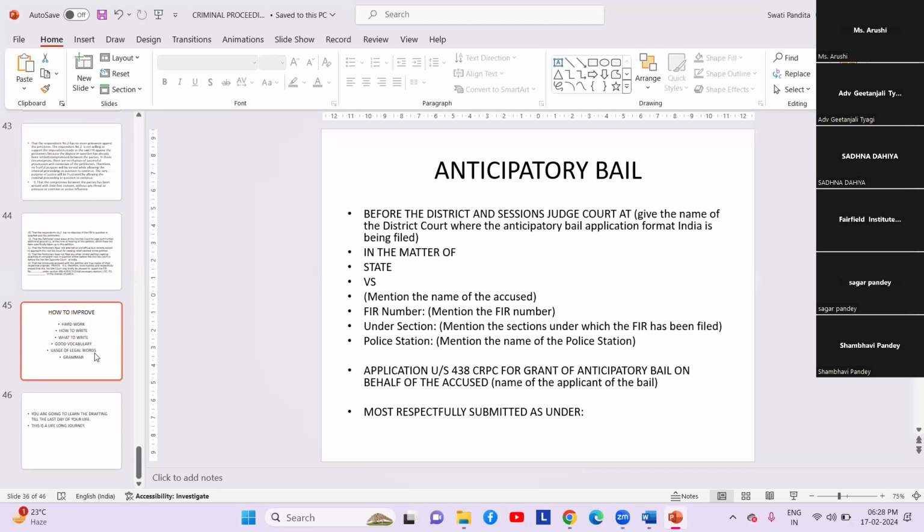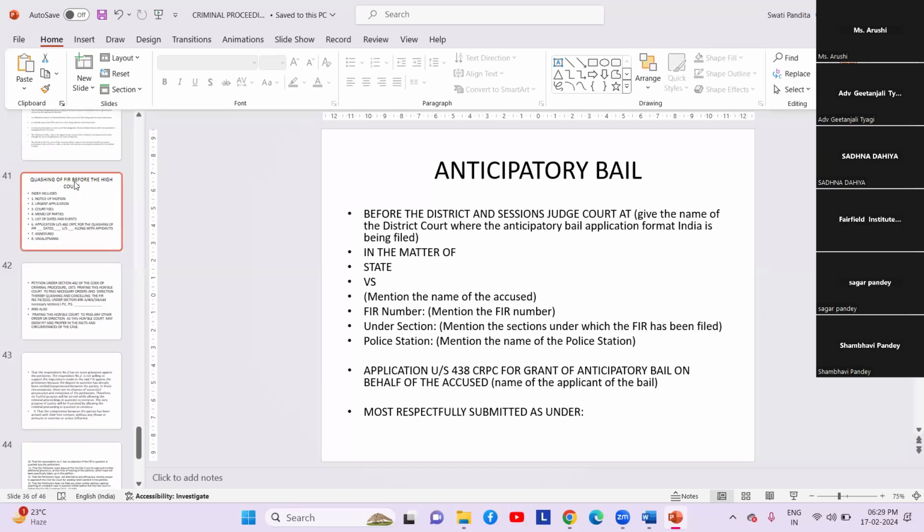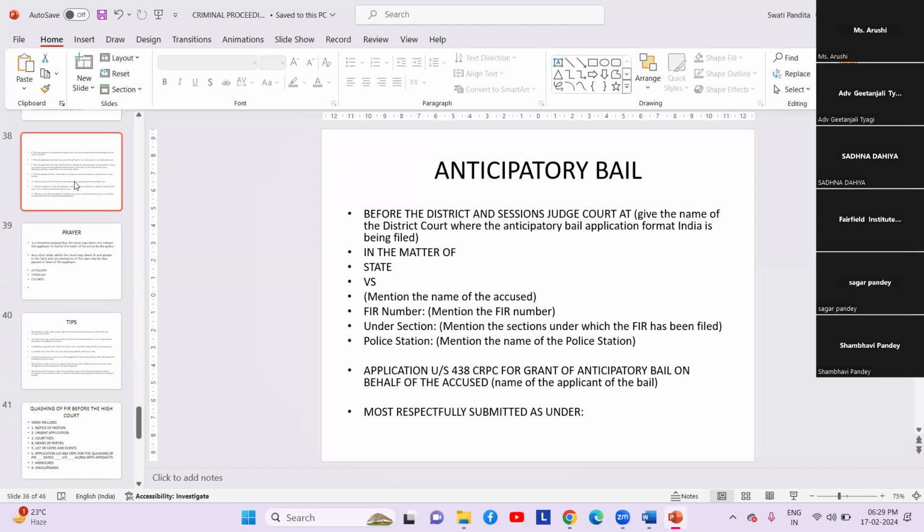You have to specifically note down that you are a decent person and you are falsely fabricated so that they can put you behind the bars. You will specifically mention these things in the anticipatory bail. This is the slight difference between the regular application of a bail and this application.